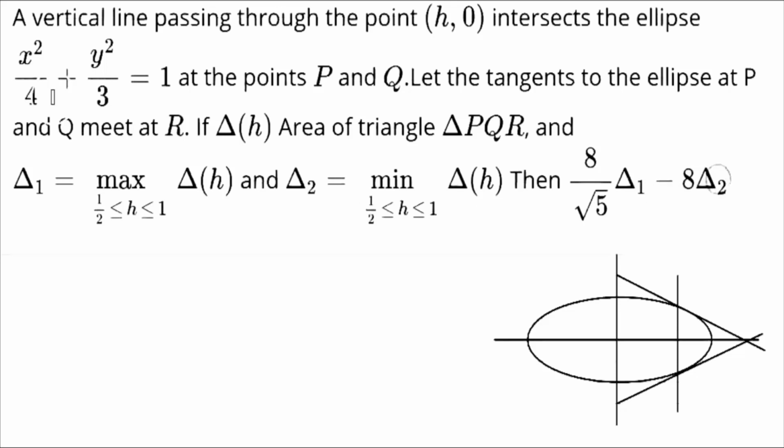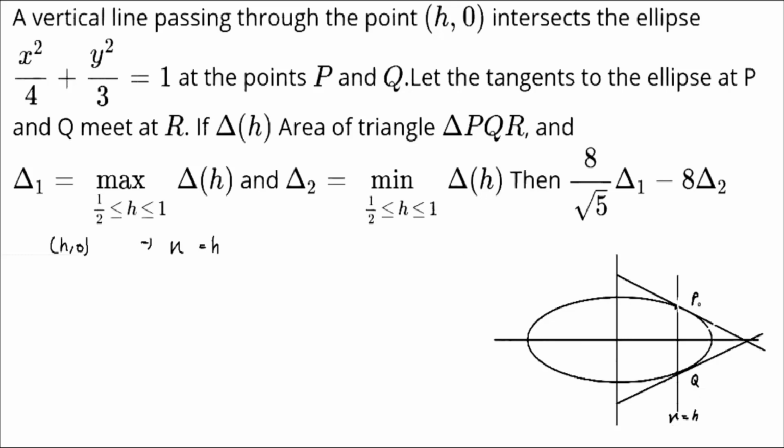Now here the vertical line that passes through the point h, 0 is x equals h. Now it intercepts this ellipse at the points P and Q. So this is the line x equals h.